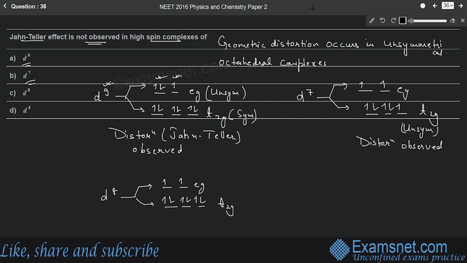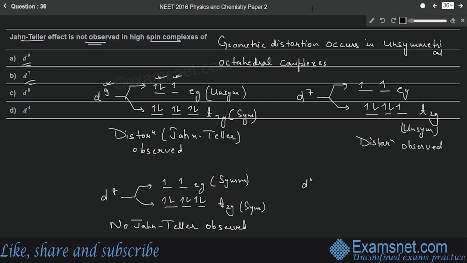Now in this case, both the EG as well as T2G have symmetric fillings, because in the EG orbitals both the orbitals have single electrons, and in T2G all the 3 orbitals have a pair of electrons each. So both are symmetric. That means no distortion, or no Jahn-Teller effect will be observed. So this should be our answer, but we'll check the last one as well.